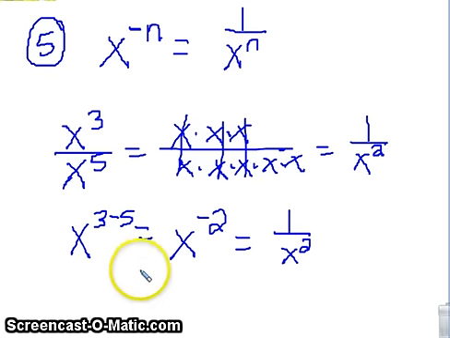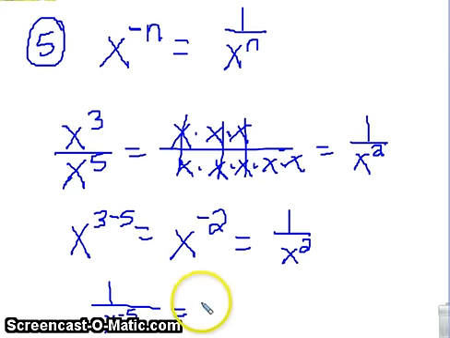It also means that if it's negative in the denominator, if you have 1 over x to the negative 5, then you can move it up to the numerator. That's rule number 5.